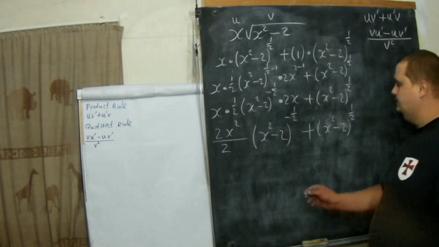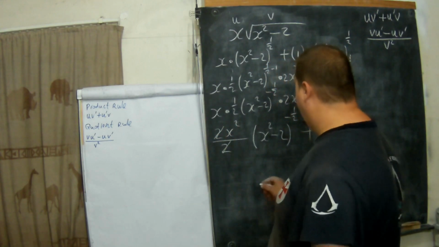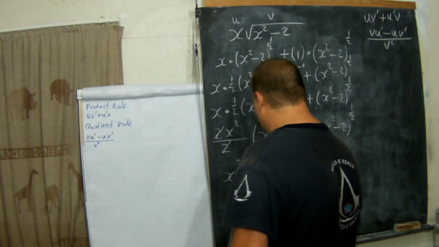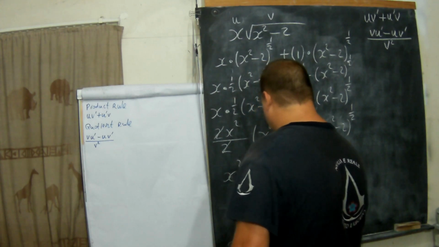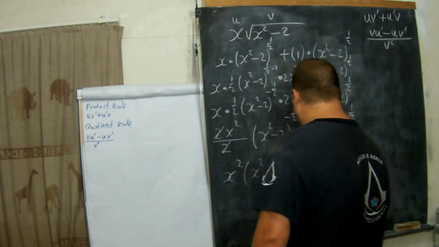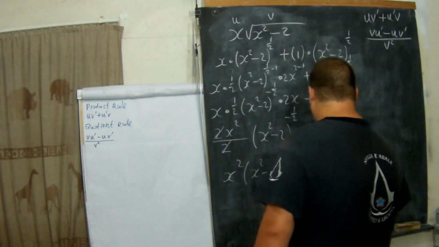Now if we look at this, we will see that 2 cancels with 2 and we're left with x squared times (x squared minus 2) to the power minus a half, plus (x squared minus 2) to the power of a positive half.